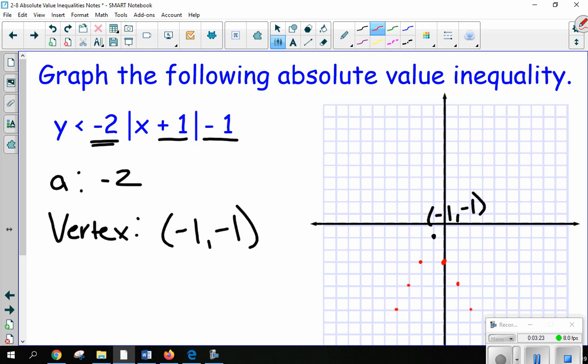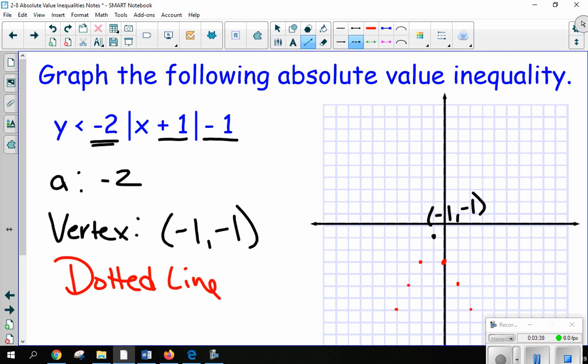Now, yesterday we just connected the dots and we moved on. Today we have to decide 2 more things. Number 1, is it a solid line or a dotted line? Based on the less than symbol, it's going to be a dotted line. So when I graph this, I'm not going to make a solid line, I'm going to draw a dotted line. And then I also have to decide my shading.